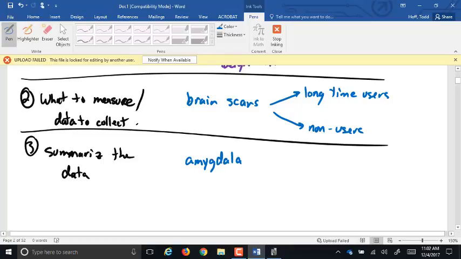More specifically, what did they find about the amygdala in users compared to non-users? Perfect. More than 20% larger in long-term users than non-users.